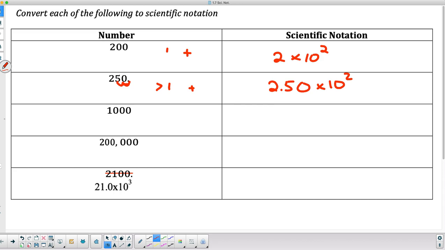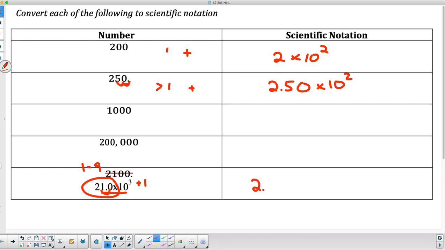Take a look at the bottom one. I want you to do the third and the fourth one. And down here at the bottom one, notice that 21.0 is not in between 1 and 9, even though this number looks like it's scientific notation. This is actually not scientific notation. So what we do when we have a problem like this is move my decimal point one place to the left, and that means that I add one more onto my exponent.